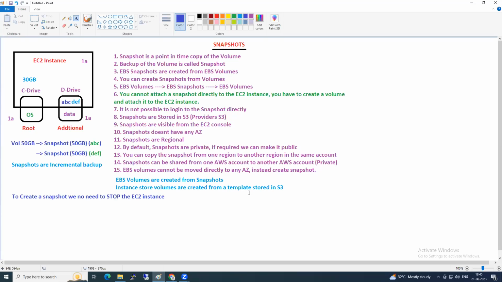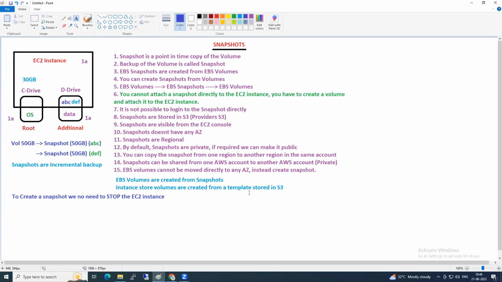But I still remember I used to write a Python script in olden days when AWS was very new to take the backups. But now you no need to write any Lambda scripts. AWS came up with a feature called Lifecycle Manager.